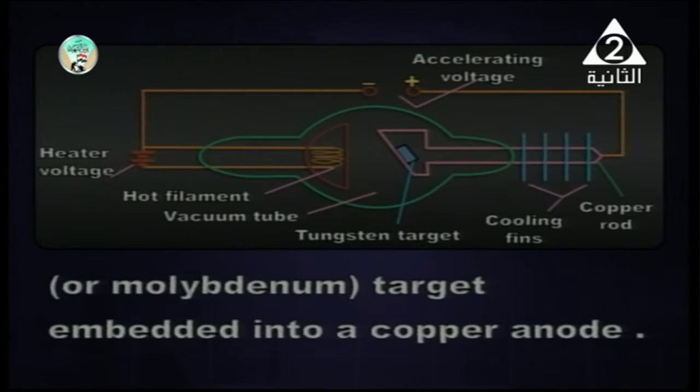Then we'll try to stop them, and you'll observe something very important. When we try to stop these electrons, they lose their energy in form of photons having very high frequency, so they lie in X-rays region.